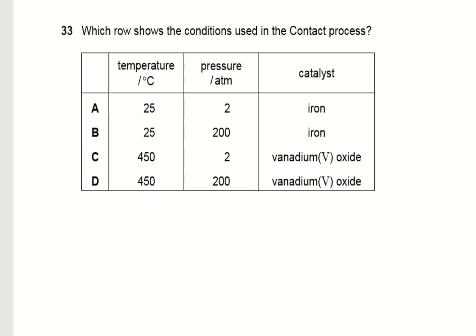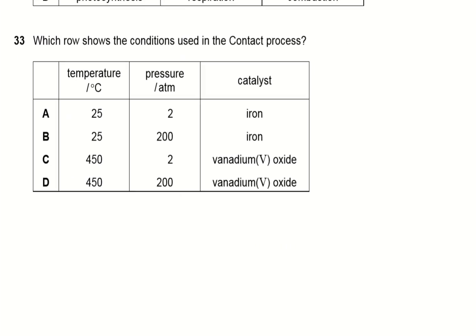So let's look at question 33. Which row shows the conditions used in the contact process? In the contact process, we have a series of reactions.